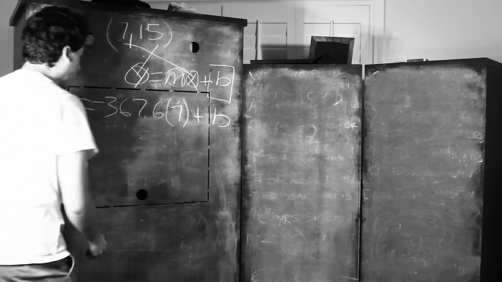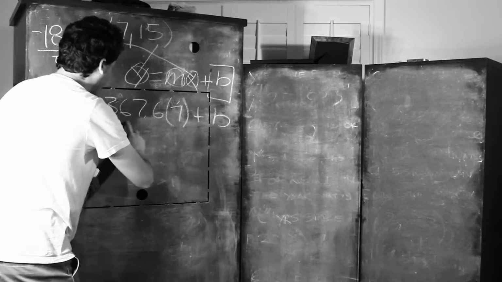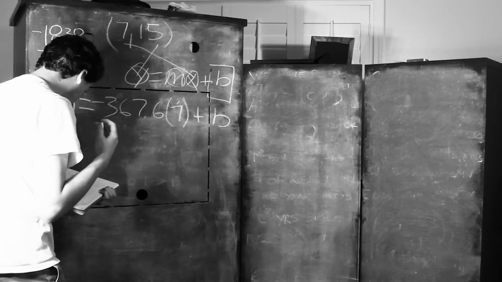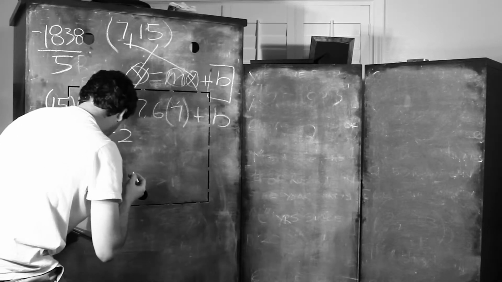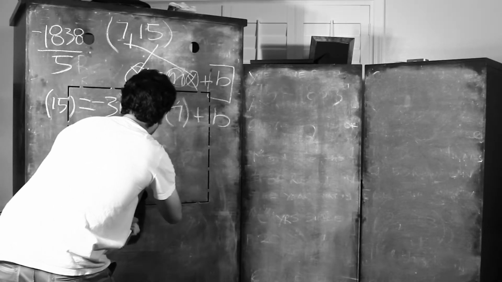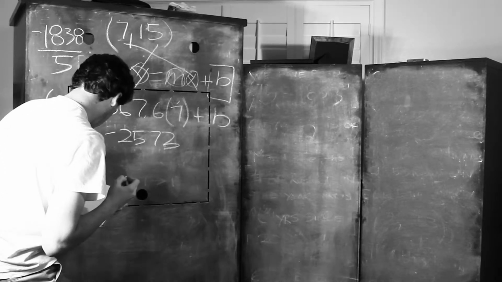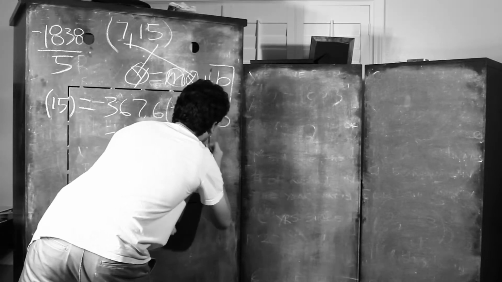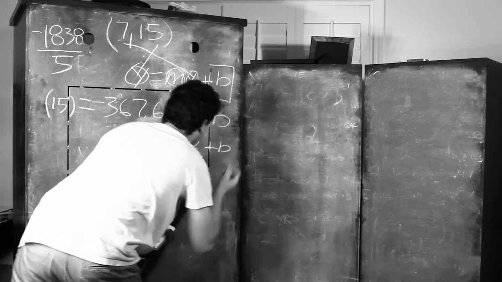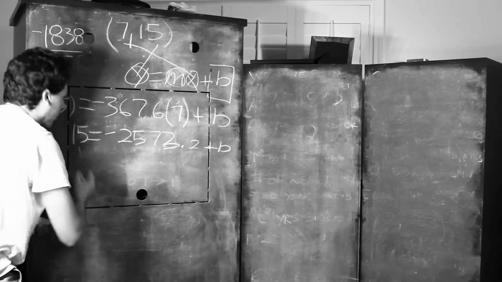So, order of operations, we start off with 7 times negative 367.6. That gives us approximately negative 2573.2 plus b. And then we still have our magic 15 over here.